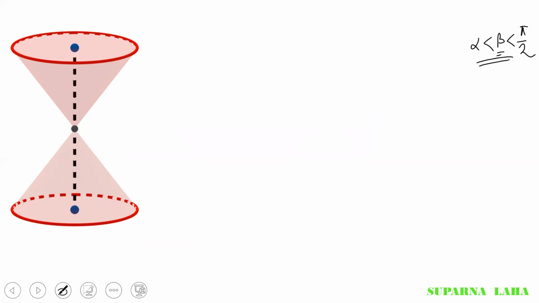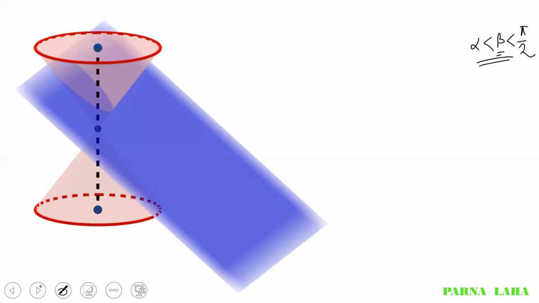In this case, the plane cuts the upper half at an angle beta. If I remove the plane and look at the cutting section, it will look like that.